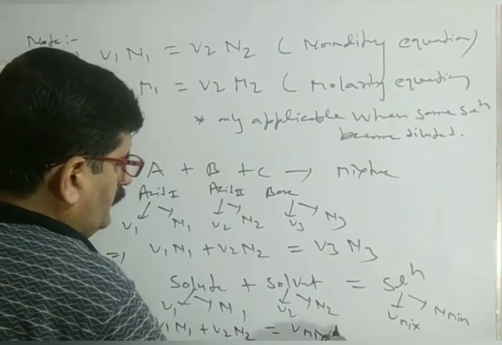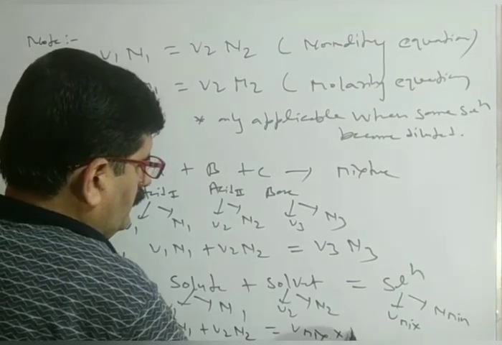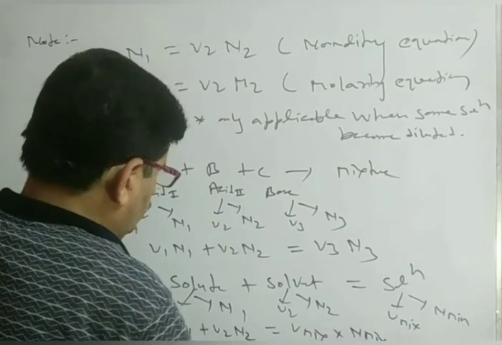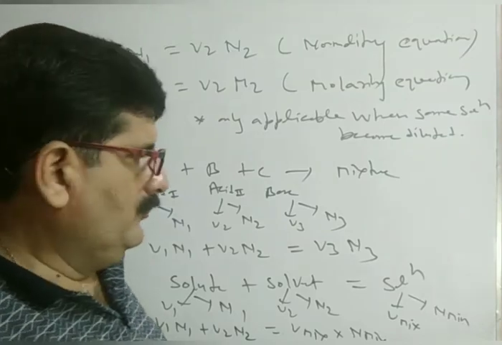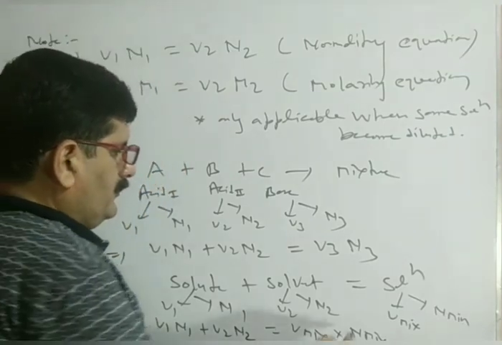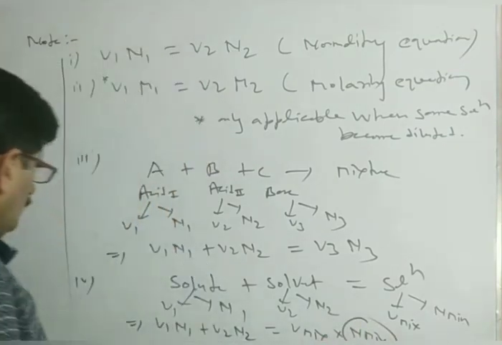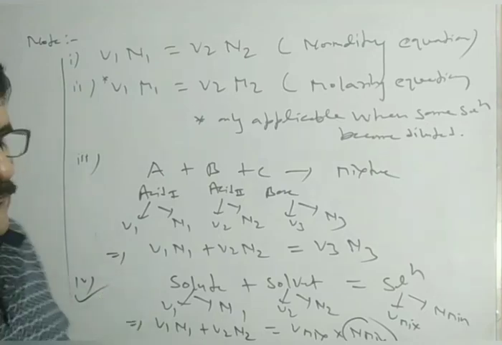V mixture into N mixture. So these are the ways to find out the strength of solution. If the strength of mixture is unknown, then we can predict with the help of our equation number 4.